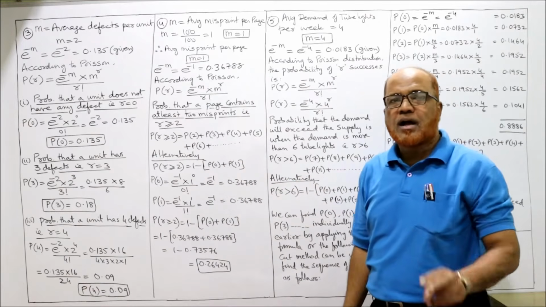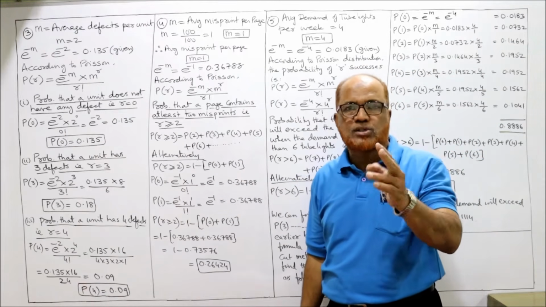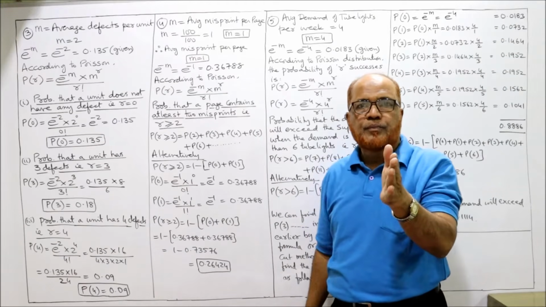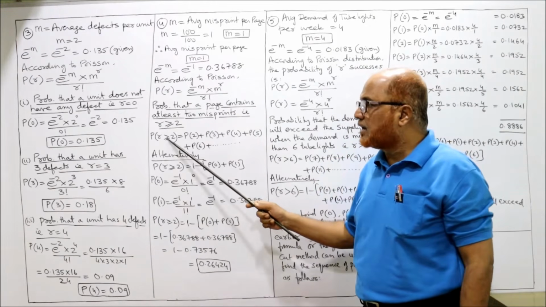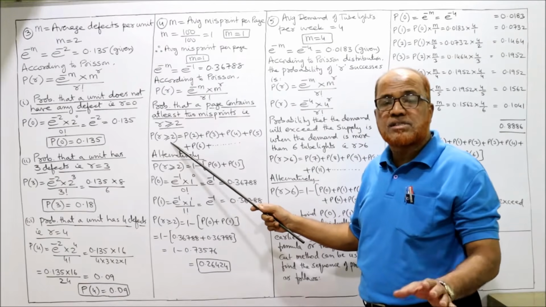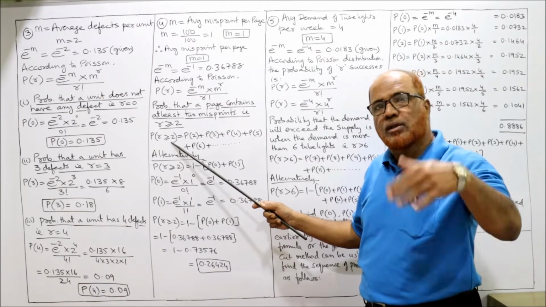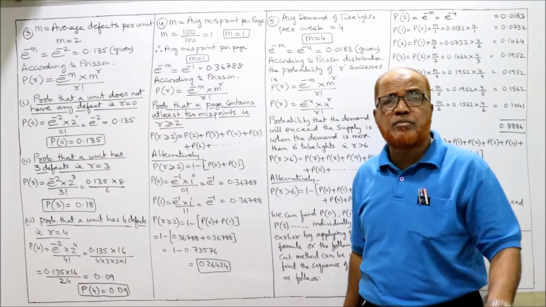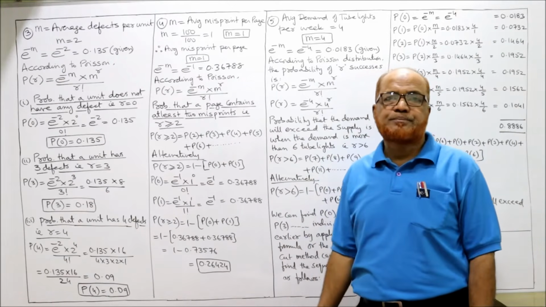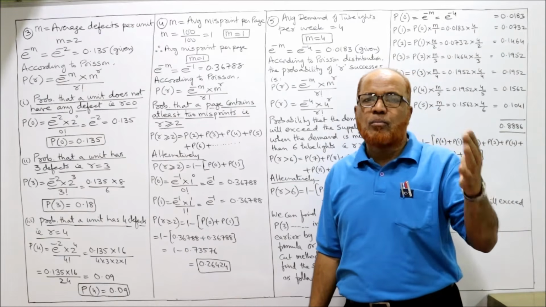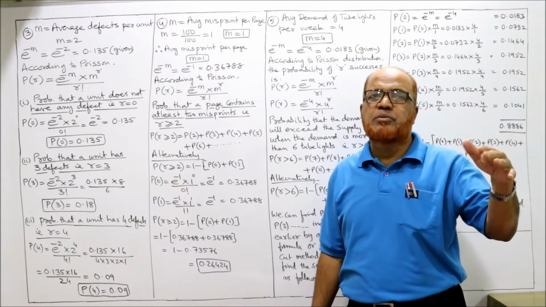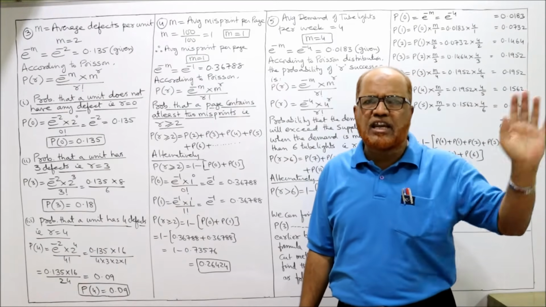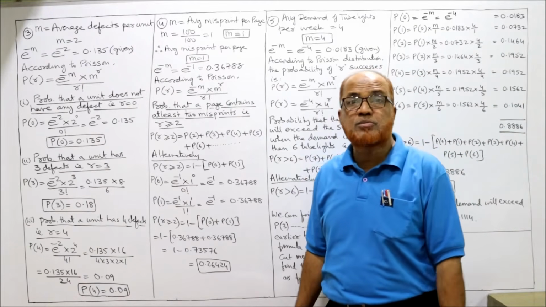At least 2 misprints, not less than 2, minimum 2 and more than 2. So r is greater than or equal to 2. At least 2 or more than 2, so 2, 3, 4, 5, 6, any number of misprints; there can be any number of misprints. More than 2 means it may be 3, it may be 4, 5, 6, 7, 8, 9, 10, any number of misprints may happen.